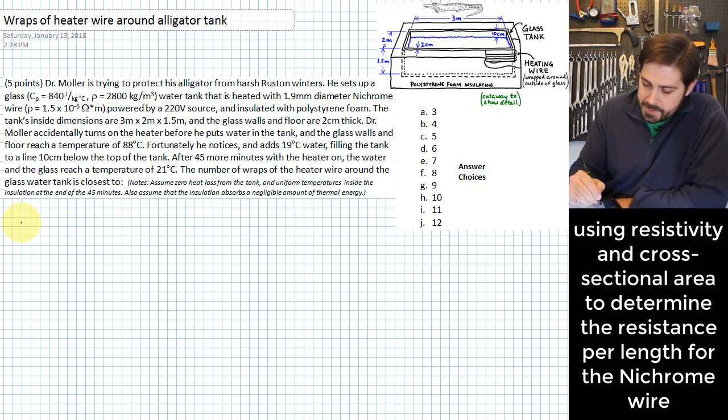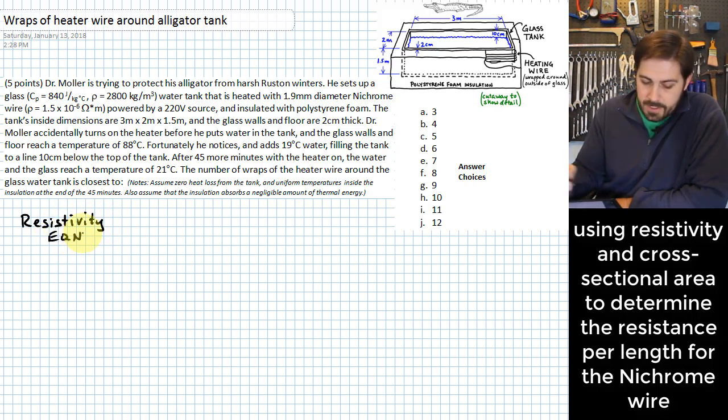So the resistivity equation is that the resistance is equal to the resistivity, and sometimes we reuse some variables. This is the Greek variable rho, which is often used for resistivity.